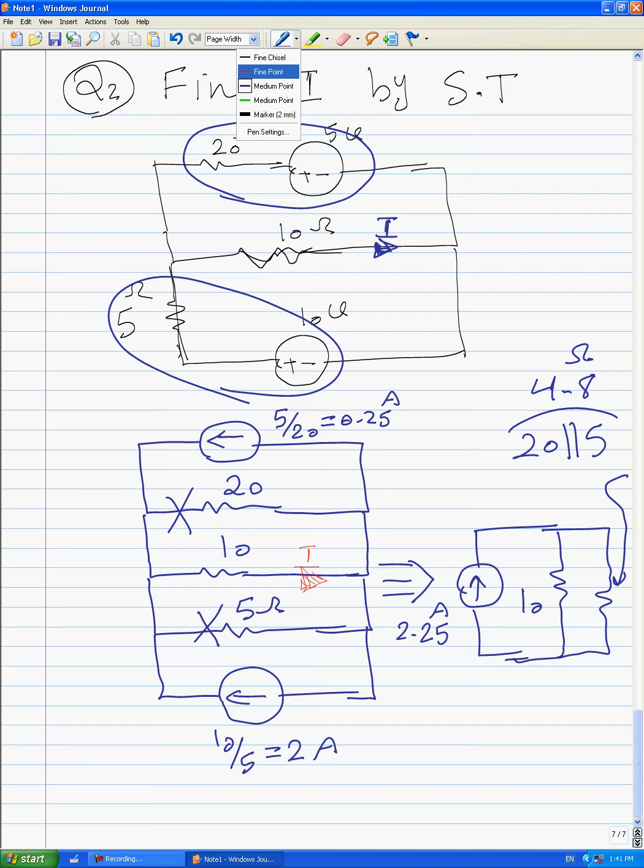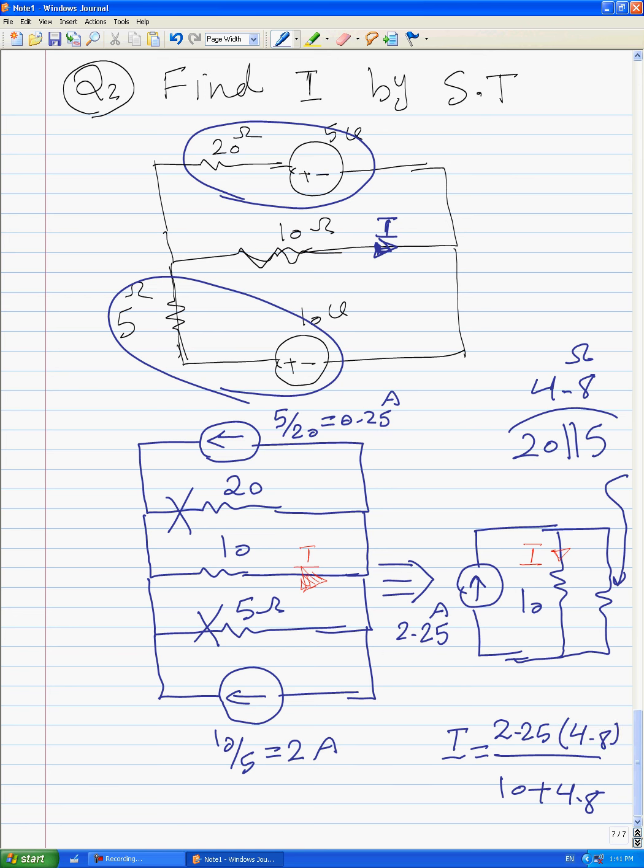Now we want to find out this current, I. In order to find out this current, you can use immediately current divider rule. Current divider rule says I is equal to total current 2.25 divided by 10 plus 4.8 times 4.8.